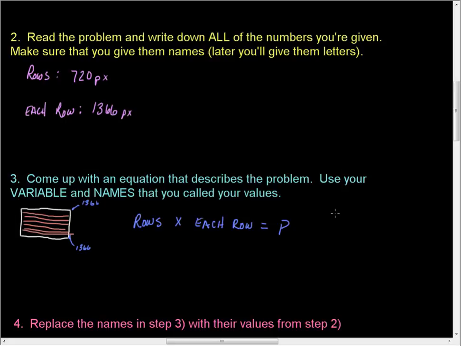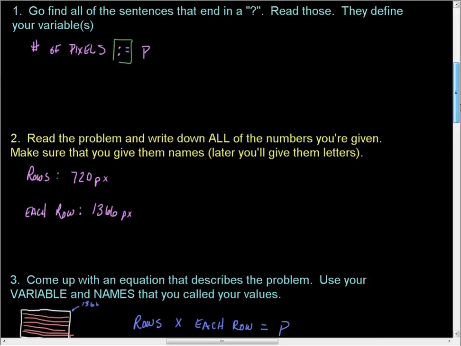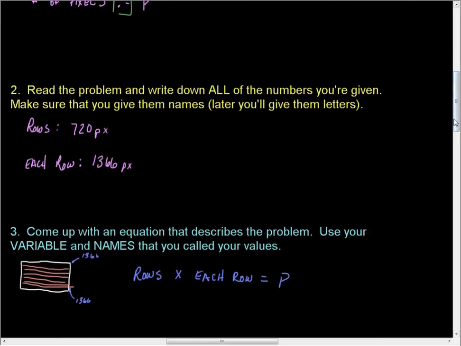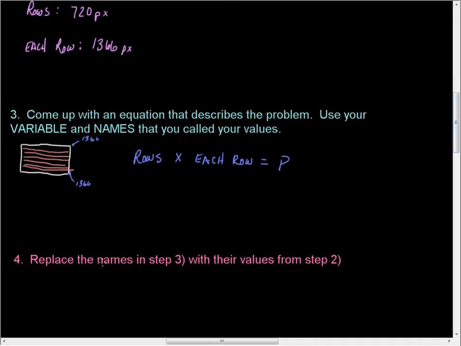Okay, now we go back, and in step 4, I replace my names with the numbers from step 1 and 2. And if I had a number for step 1, which I don't, and very often you won't because that's the thing you're looking for. And so let's go ahead and change to yellow now because we're nearing the end here. So instead of rows, I put 720.